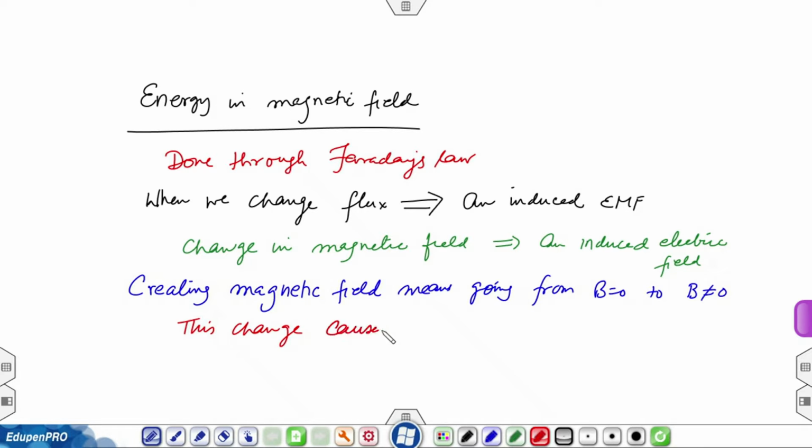This change causes an induced electric field.